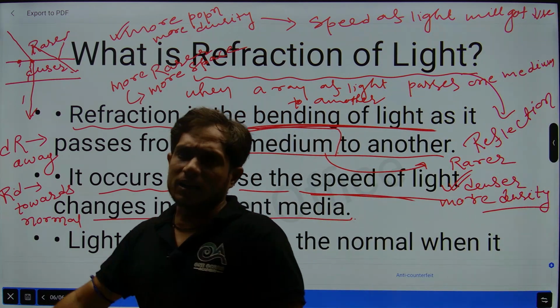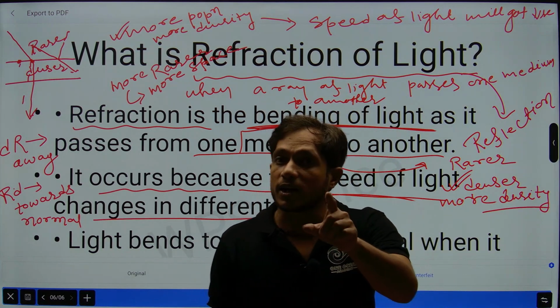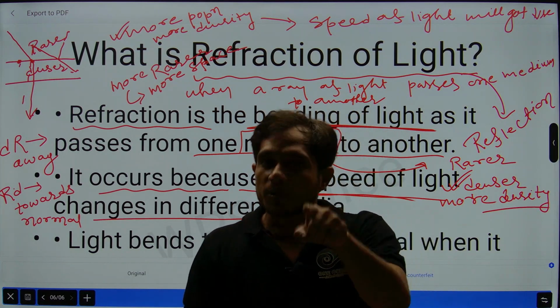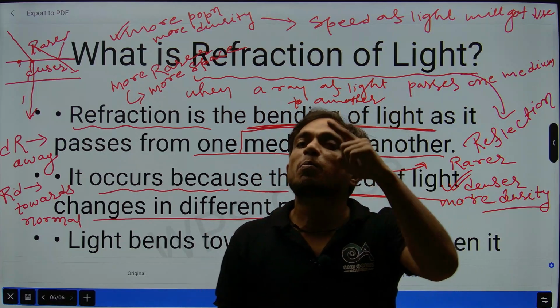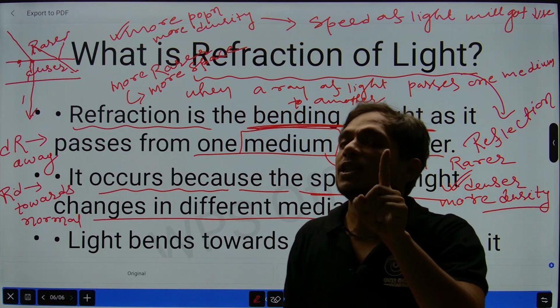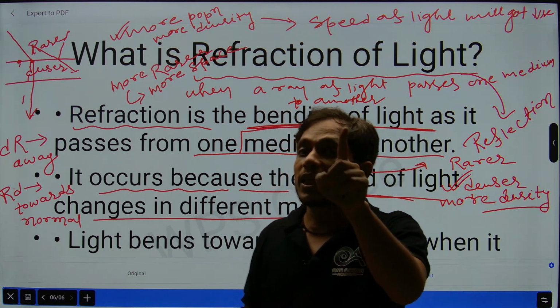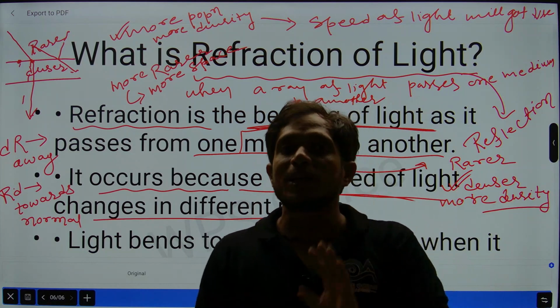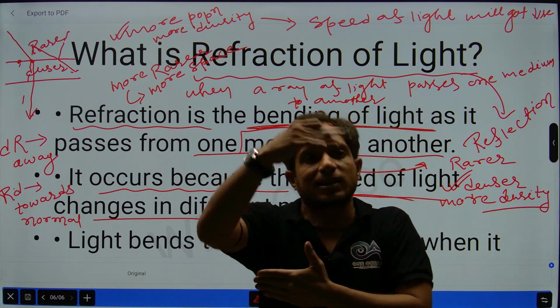It is the same as when there is more crowd, the speed of the vehicle decreases. Similarly for light, if the medium is denser, the speed of light decreases. If there is a rarer medium, more vacant place, the speed of the car automatically increases.